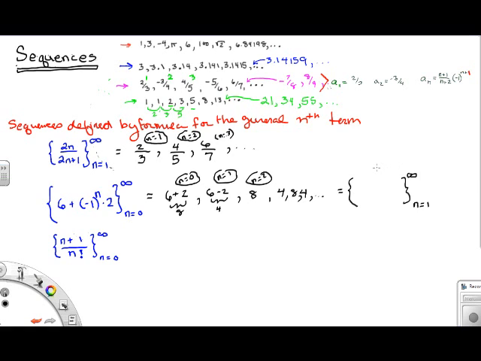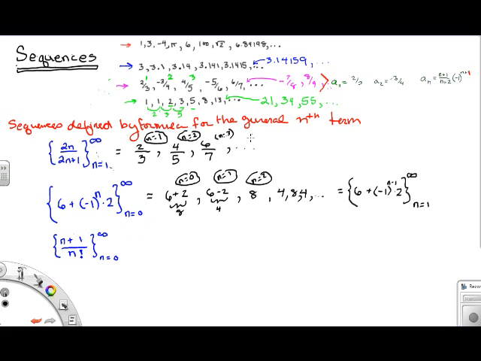So I could do 6 plus negative 1 to the n minus 1 times 2. Now notice, if I plug in 1, that n minus 1 is 0. If I plug in 2, that n minus 1 is 1, and so on. So I'm getting exactly the same thing as starting with 0 over on the left-hand side here.